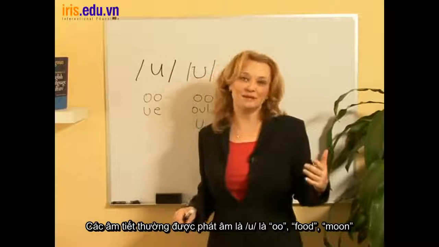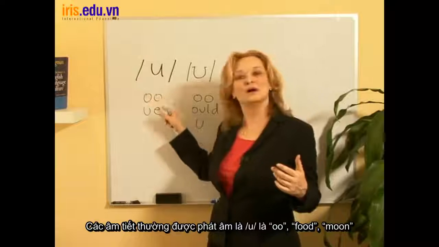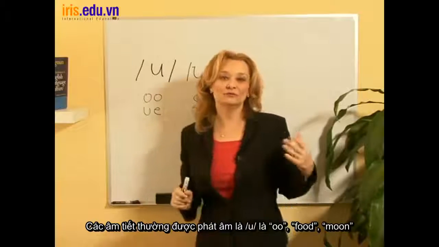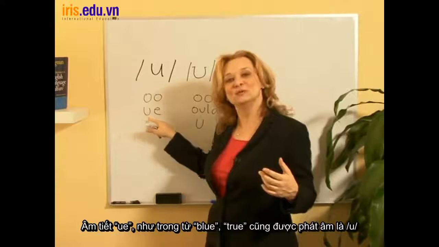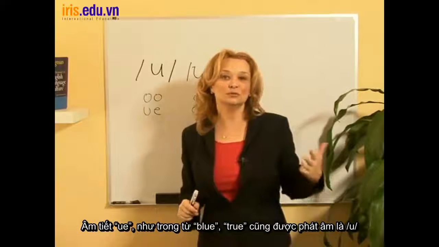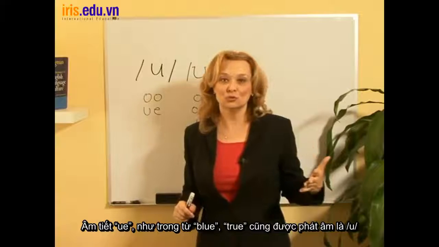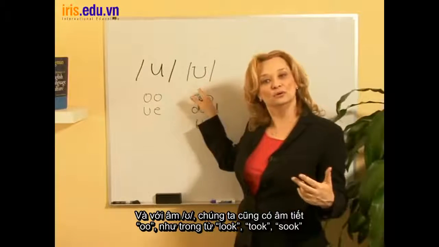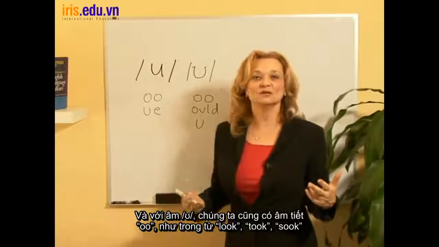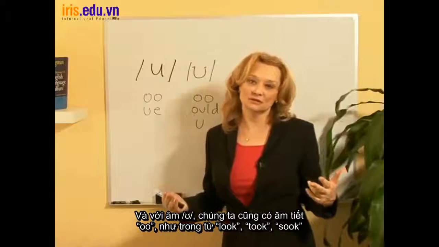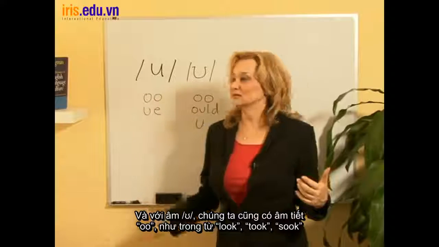The common spelling patterns for the oo are double O, as in food and moon, and a U plus E, as in blue and true. And for the uh we also have a double O, as in words like look, took, shook.